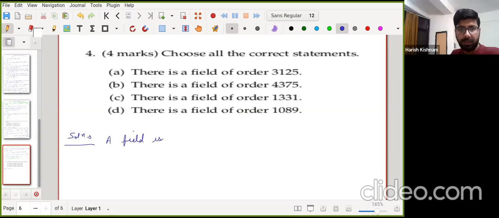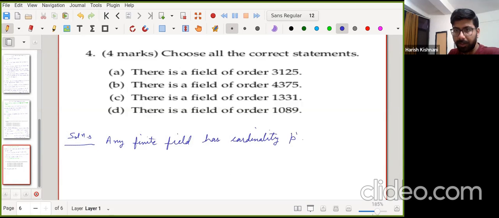So let me first write the statement that you just said. Any finite field has cardinality p raised to n, where p is a prime and n belongs to the natural numbers.